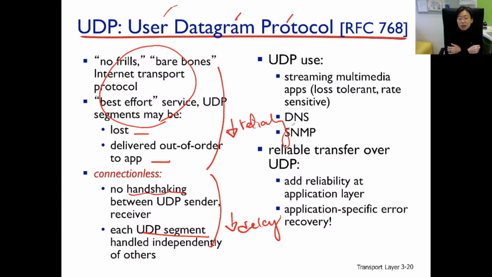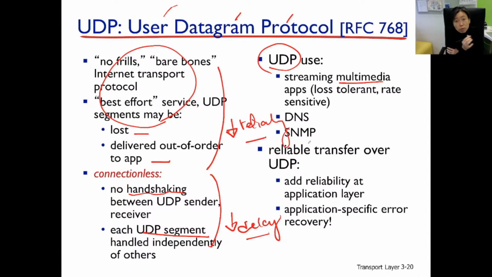But some applications would actually like low delay, and probably don't care too much about reliability. Then these applications would be perfectly fine using UDP as the transport layer service. So some of the video streaming services, some of the gaming services that we talked about use UDP.